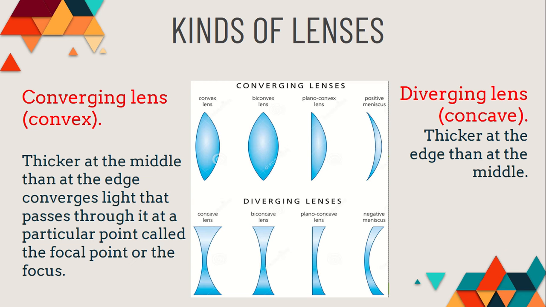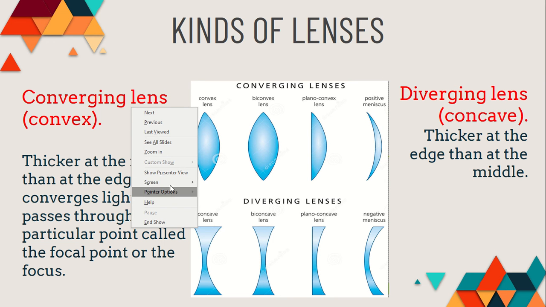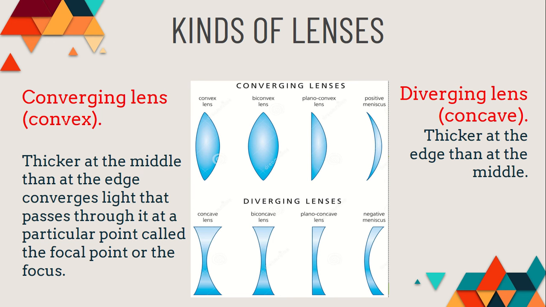And now, what are the kinds of lenses? So we have two kinds of lenses. We have the converging lens and the diverging lens. Ano ba yung converging lens? Converging lens, as you can see here, meron tayong converge, no? Or convex.